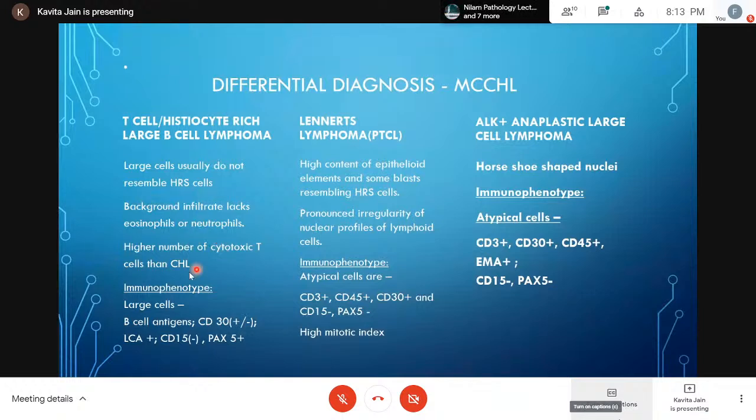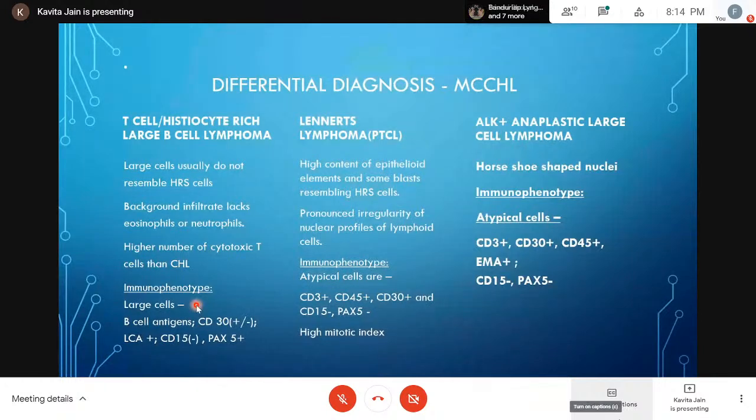They lack the milieu, and in all cases they are large B cell lymphomas, so they would definitely go for B cell antigens. They should be CD30 positive, but we always do CD3 and CD20 in our panel. Of course, we are stuck when we see any aberrant expression of CD20 in such cases.